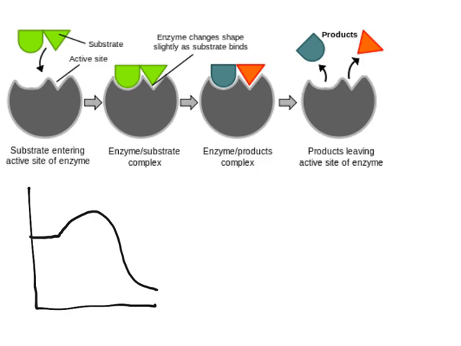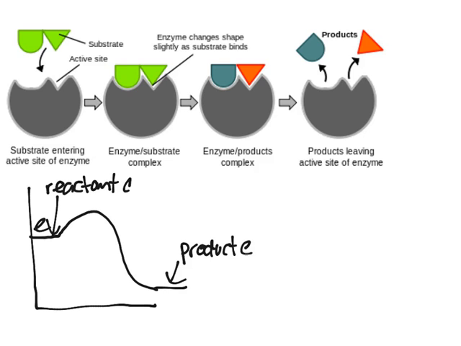So this is the reactant energy right here, and then here is the product energy. And the difference between the reactant energy and the peak is called the activation energy.